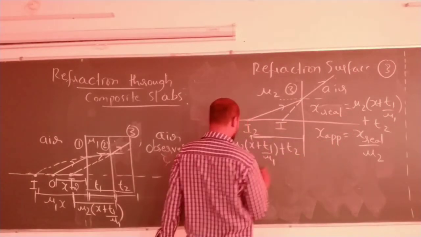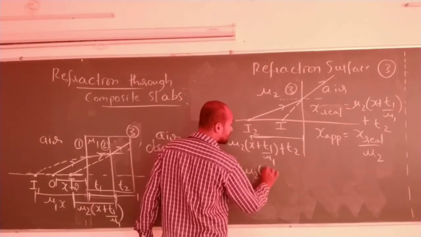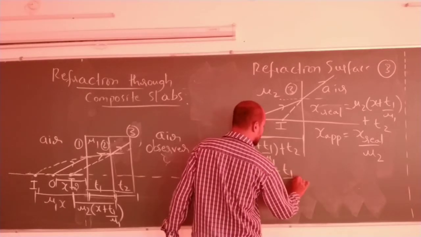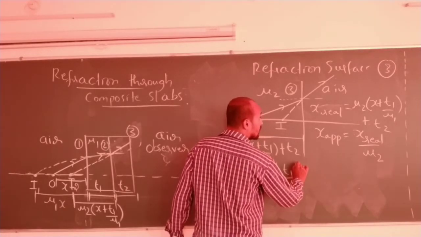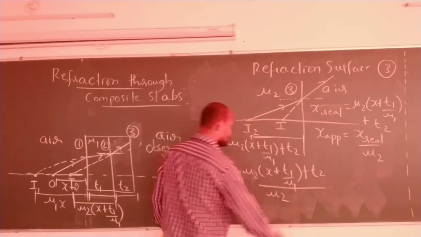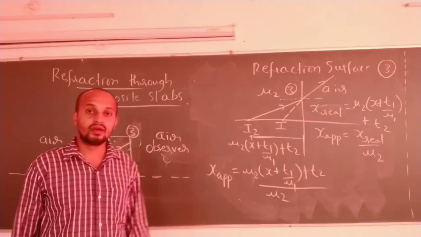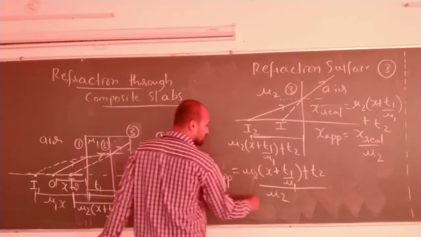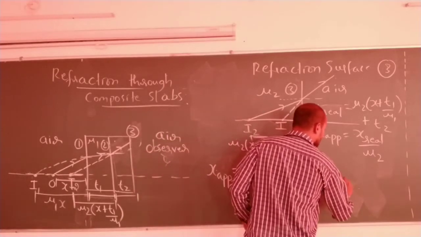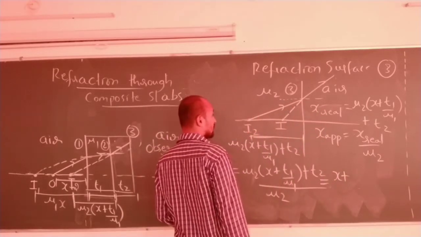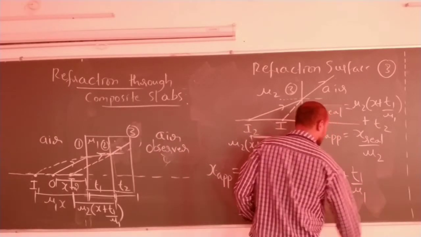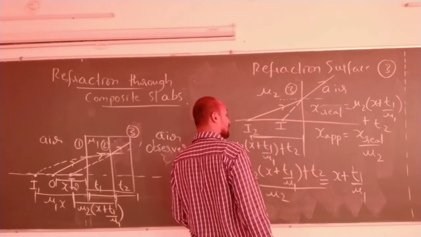So see here, what is x real? This is x real. So here if I write mu2 into x plus t1 divided by mu1 plus t2, whole divided by mu2, here mu2 gets cancelled. So this overall expression will be how much? x plus t1 by mu1 with respect to air, correct now?